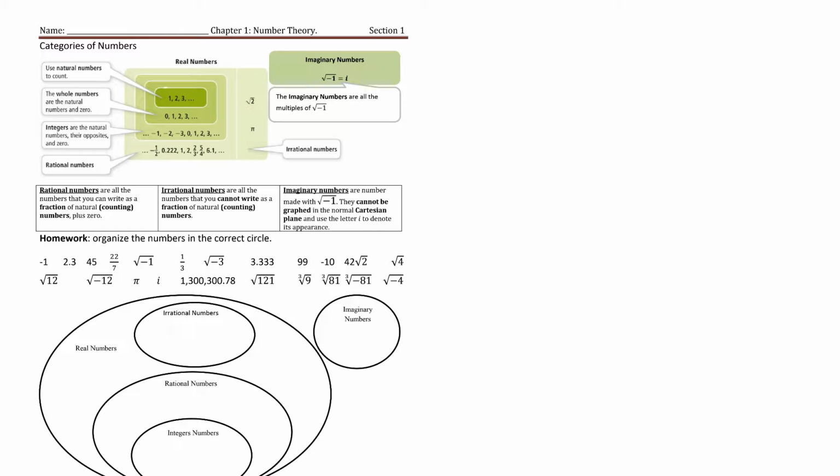Now, there's a few key differences between irrational and rational numbers. Okay? Irrational numbers are numbers like square roots, cube roots, and special mathematical ratios like pi.